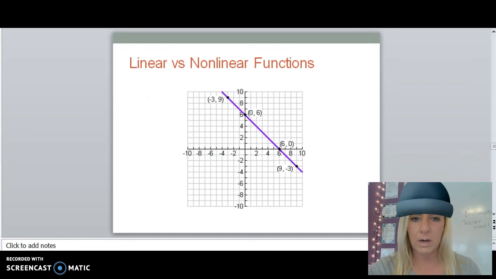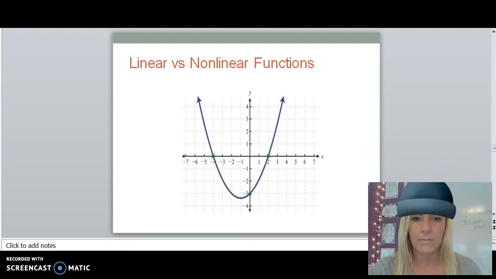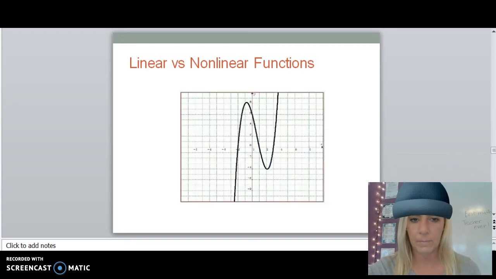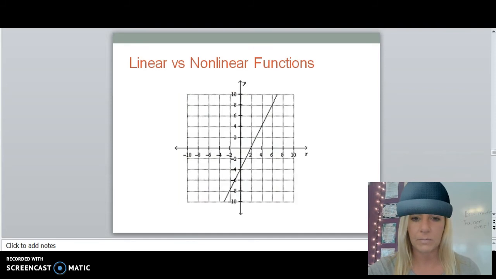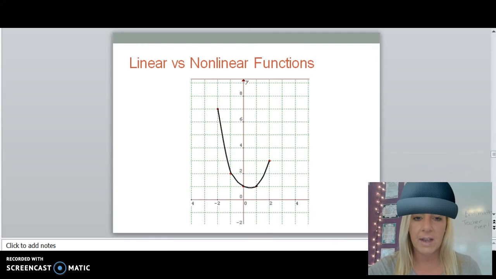This example here is a linear function because it forms a line. This is nonlinear because the function is not a line. This is what we call a parabola. This is a nonlinear function because it does not form a line. Take a guess as to what you think this function is. Good job, it's linear. Take a guess as to what this function is.